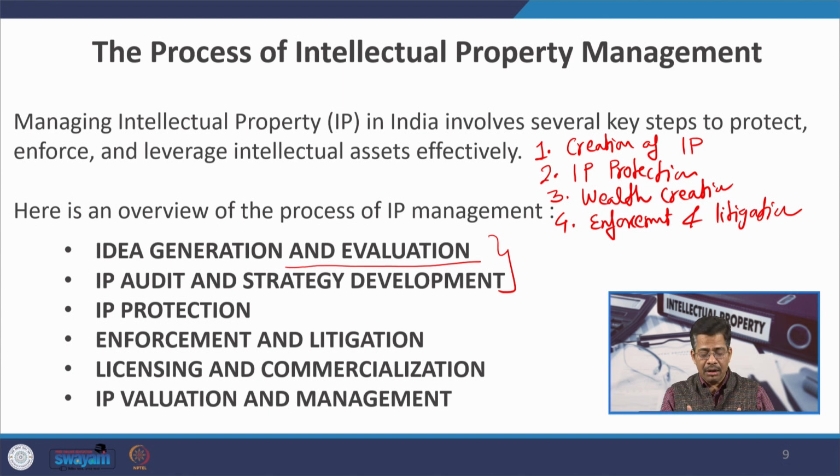For example, police can be one element, judiciary can be another element, regulatory bodies can be another element. So, their capabilities, their understanding about IP, innovation need to be strengthened. Only then proper enforcement and litigation will be possible. So, that is the next step.